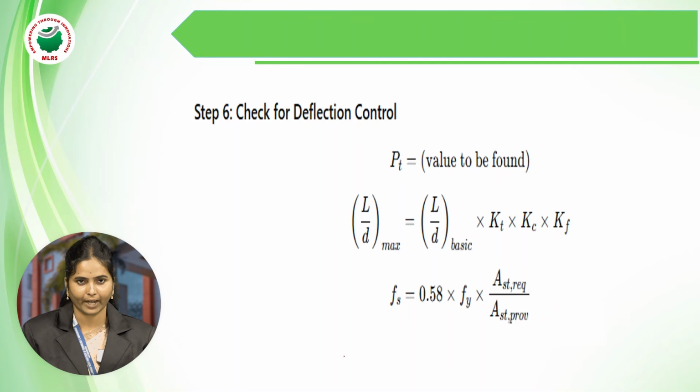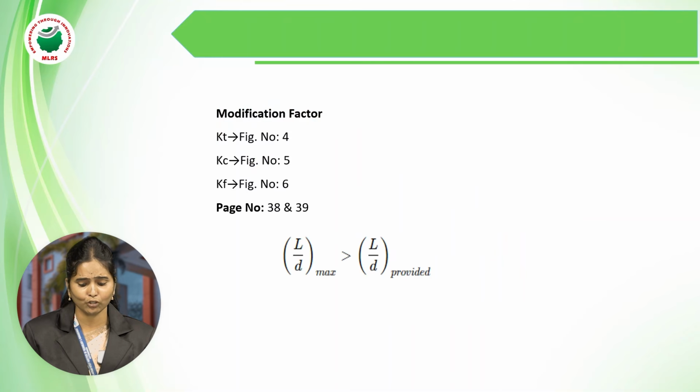First we need to find out fs = 0.58 fy Ast required by Ast provided. These are figure number 4, figure number 5, figure number 6 on pages 38 and 39 in your code book IS 456:2000. Take the values from these figures; those are all the modification factors.